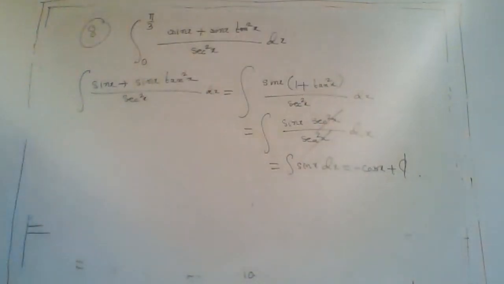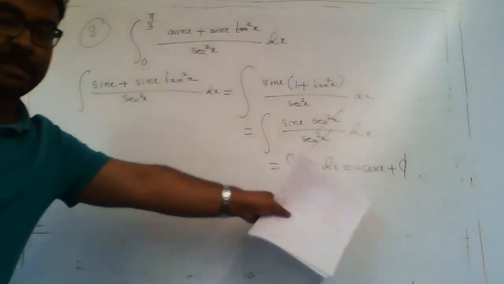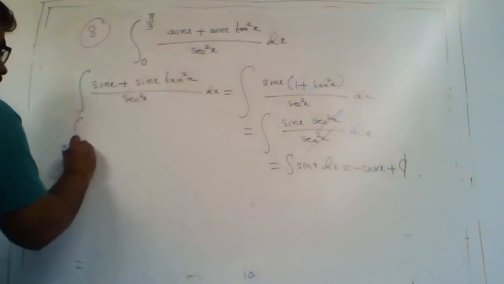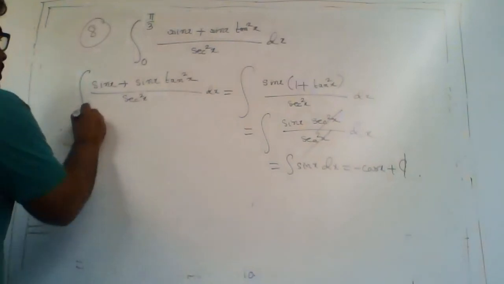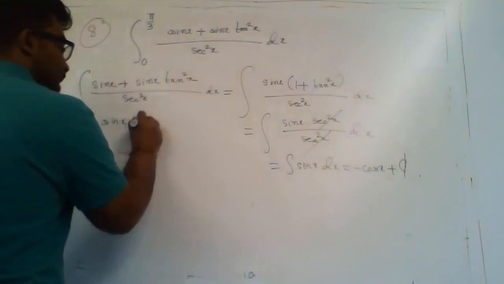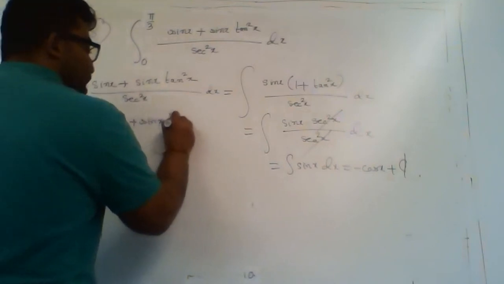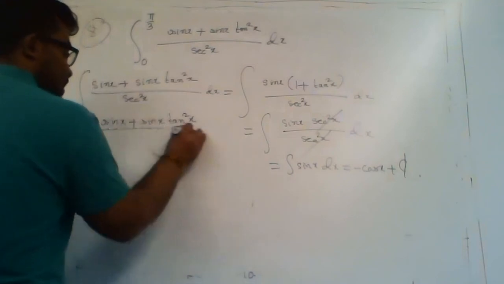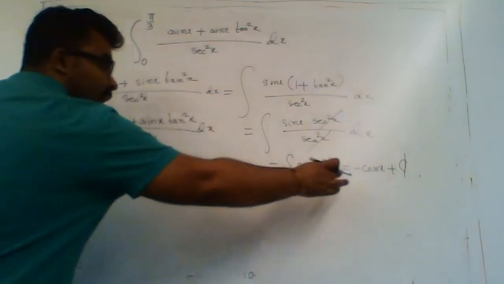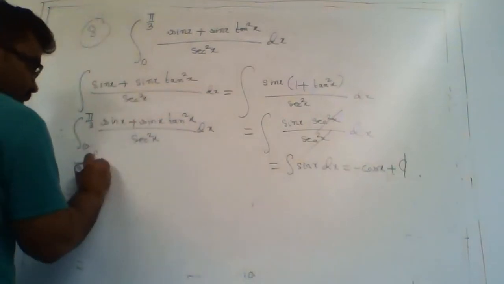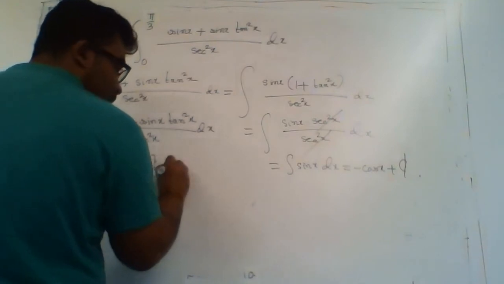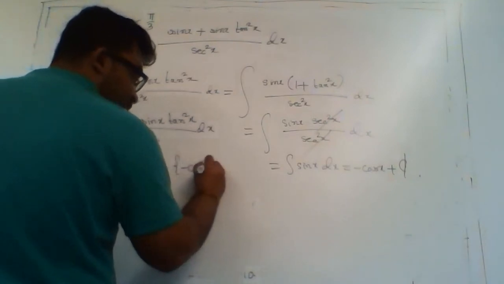Now once you do this, you just put in this function the top value and bottom value and find the difference. Therefore the integral from 0 to pi by 3 of sin x plus sin x tan square x by sec square x dx: put pi by 3 here, so you get minus cos pi over 3 plus c, then put 0 here, you get minus cosine 0 plus c.